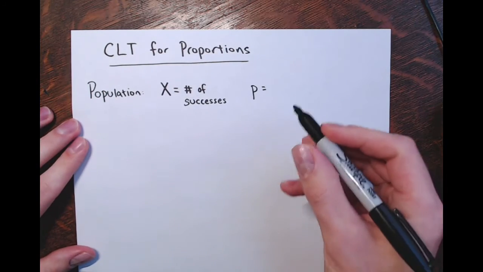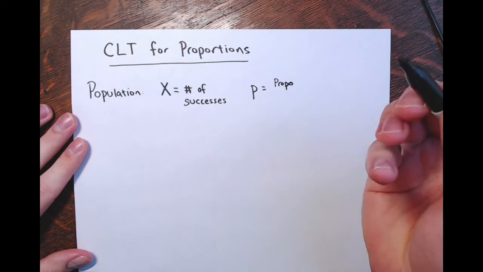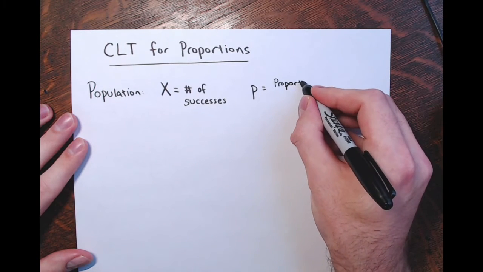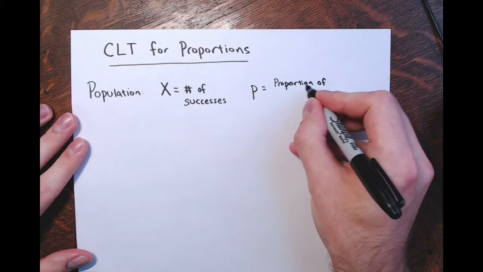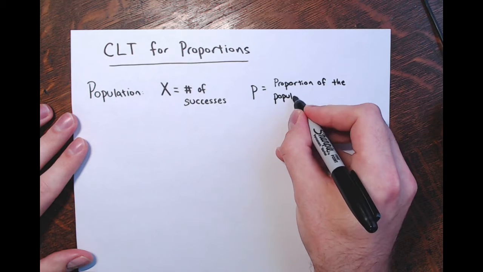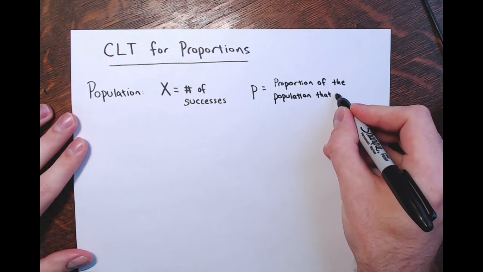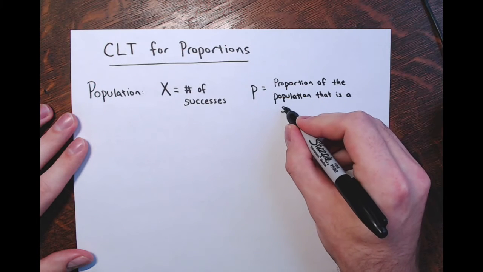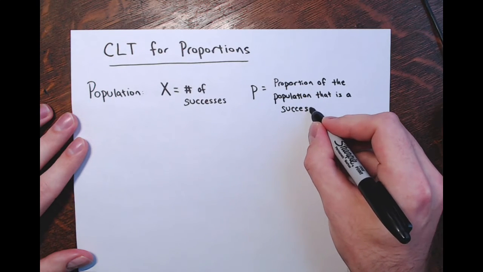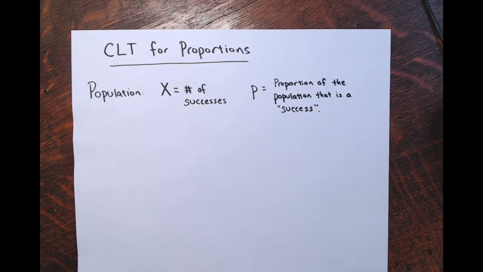The lowercase p represented the proportion of the population that was a success, whatever we deem a success to be. So it's the number of successes in the population divided by the total population size.